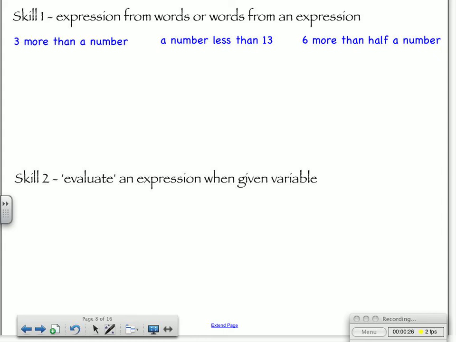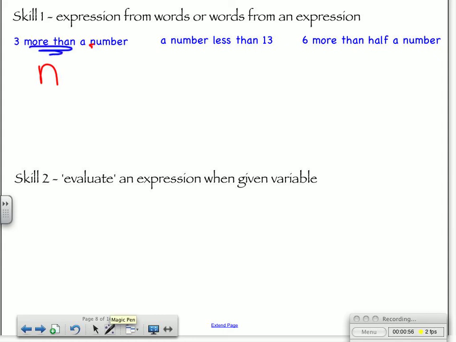So we'll start off with the words 3 more than a number. When you hear a number, we're going to replace that now with a letter. And it doesn't matter what letter you replace it with. We're going to say, because it's a number, we're going to choose the N. So this, a number, has just been replaced by N. And we need 3 more than that.